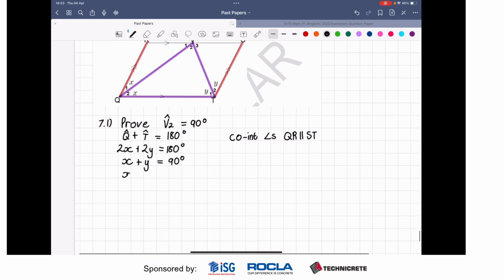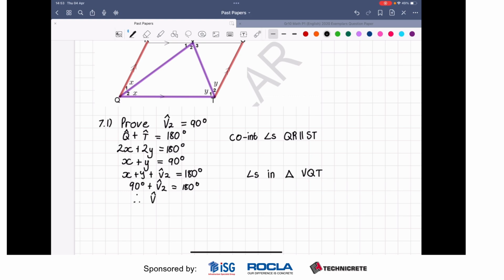So I'm going to have that x plus y plus angle V2 equals 180 degrees, and that is angles in triangle VQT. And I've already said above that x plus y is equal to 90, so that means that 90 degrees plus V2 equals 180 degrees. Therefore, V2 is equal to 90 degrees.